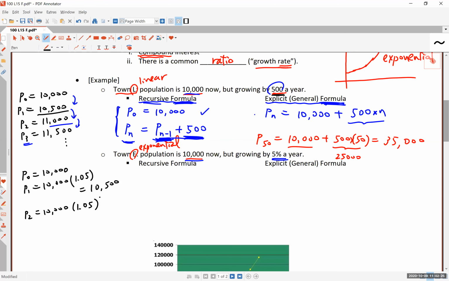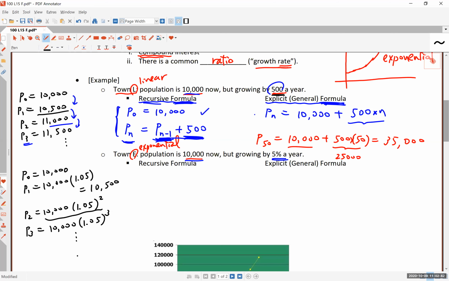So now you're going to have 1.05 squared, right? And then for the third year, you take 10,000 times 1.05 squared and multiply it by 1.05 again. So you'll have 3 of these.